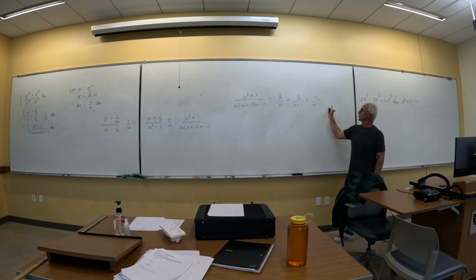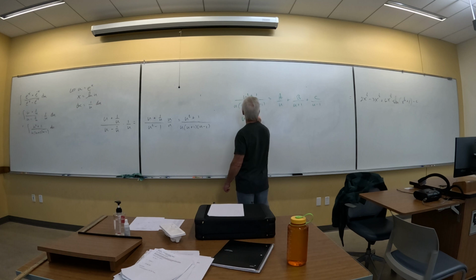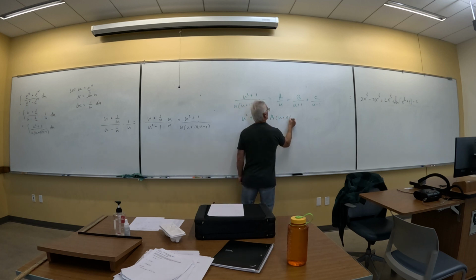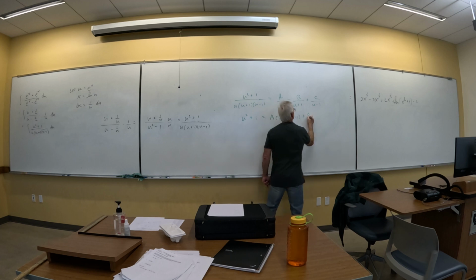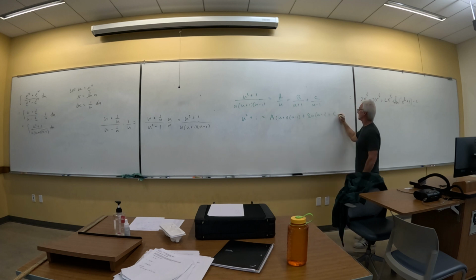When I put this all over a common denominator and I equate numerators, I'm going to get u squared plus 1 equals a times (u plus 1)(u minus 1), plus b times u times (u minus 1), and finally c times u times (u plus 1).